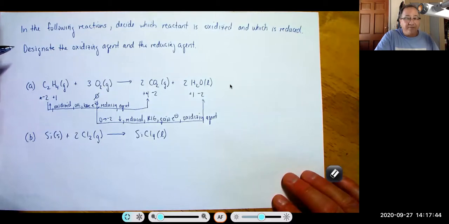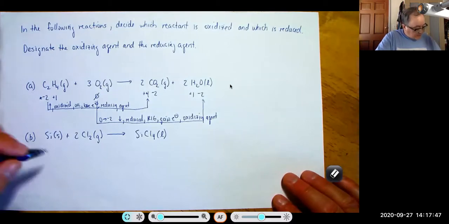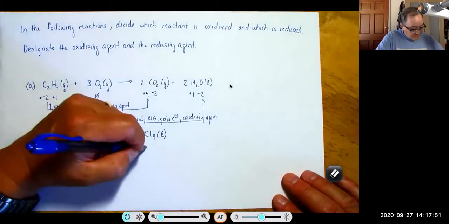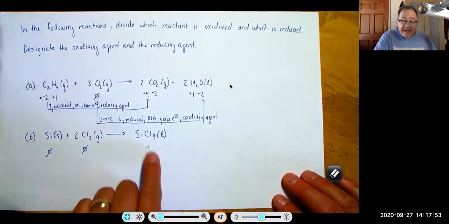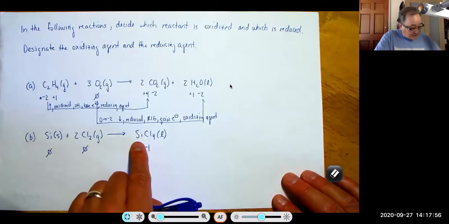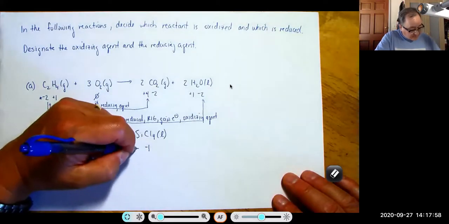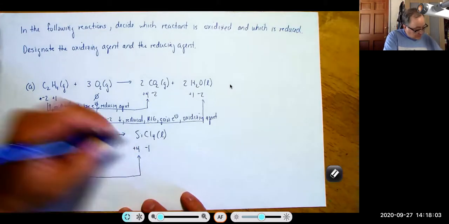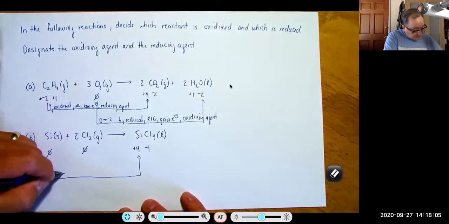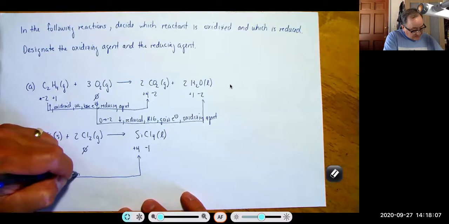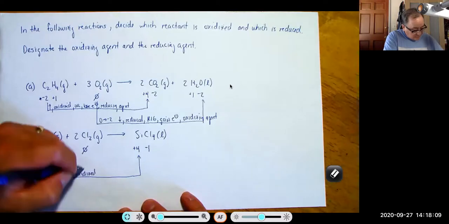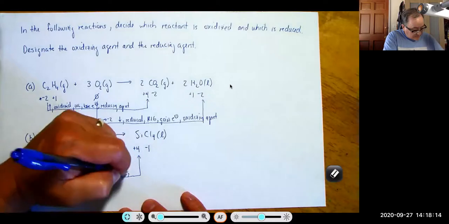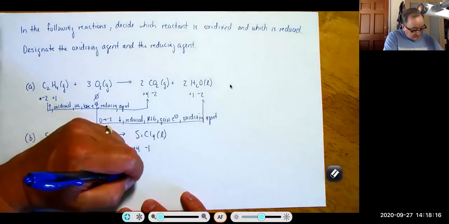Okay. So let's assign oxidation numbers here. 0, 0, -1 for each. And since that adds up to -4, and there's only one silicon, the oxidation number here has to be +4. We can see that the silicon goes from 0 to +4, which is an increase, oxidized, OIL, lose electrons, reducing agent.